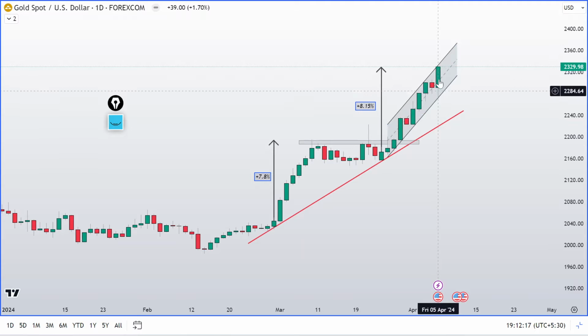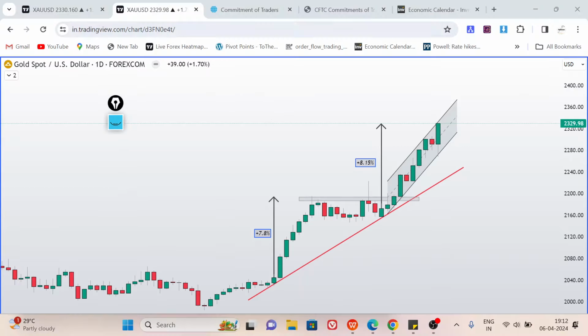As you can see, the last day candle closed with no wicks on the higher side, and we can't say that it is getting rejected. So overall it is bullish, and we have to look for buy opportunities until we see some rejection or confirmation, like it has to close below the previous day low, sorry.